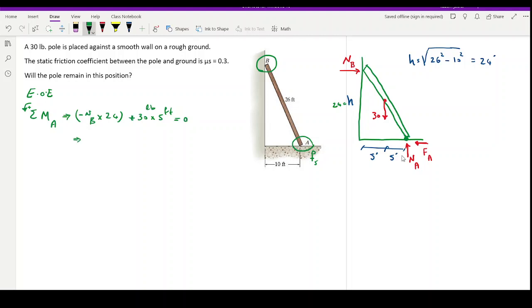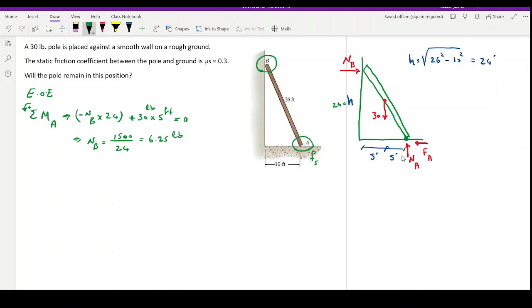Therefore, I can from here calculate NB, and NB is equal to 150 divided by 24. That's 6.25 pounds. I calculated NB.